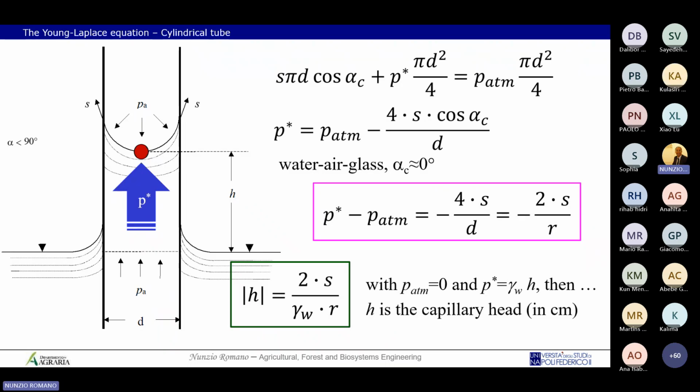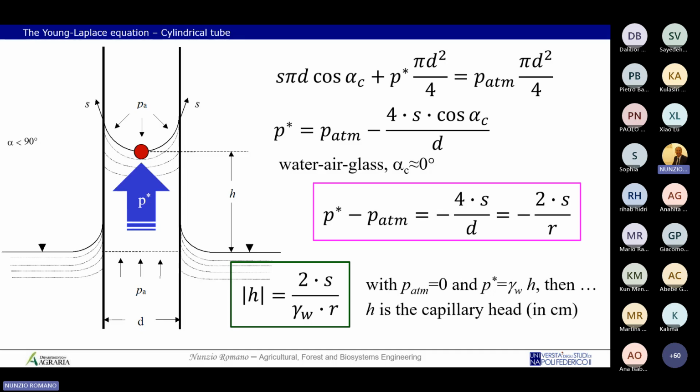This is very important. The cohesive force and the surface tension prevent air from entering into the capillary tube, and the forces are so strong that instead of air entering, there is a capillary rise.